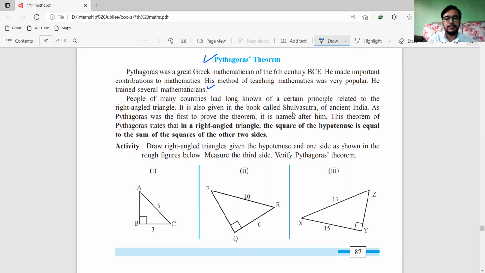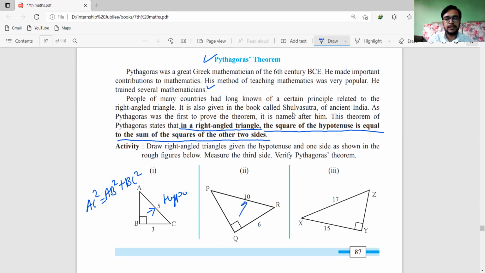The Pythagoras theorem states that in a right angle triangle, the square of the hypotenuse is equal to the sum of the squares of the other two sides. In triangle ABC, the side opposite to 90 degrees is the hypotenuse. Therefore, AC square is equal to AB square plus BC square.